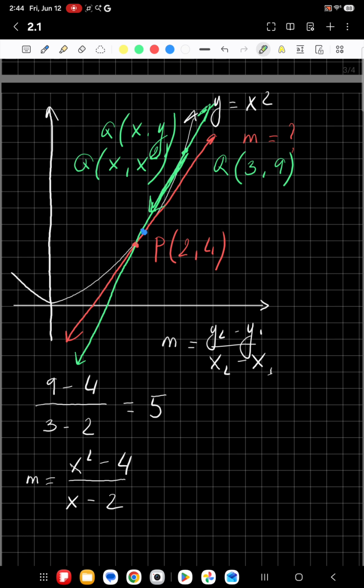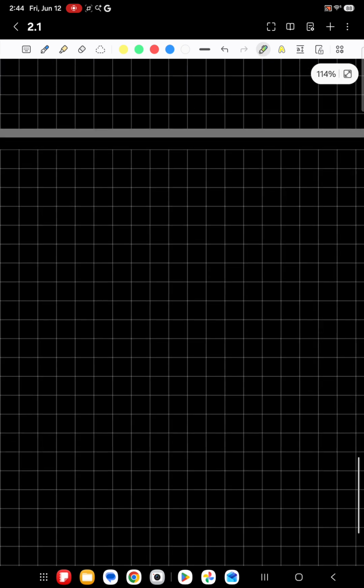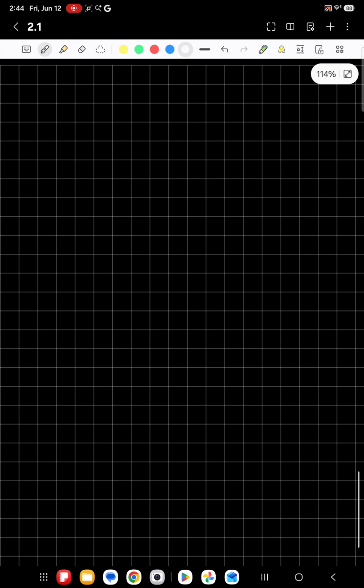All right, so let's do it. This will be called the numerical approach. Let me open a new page. Let me write that formula for slope, our new formula. So that was m equals x squared minus 4 over x minus 2.